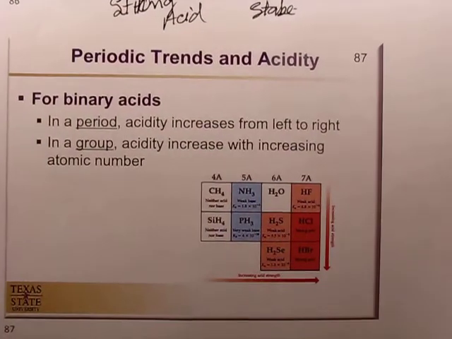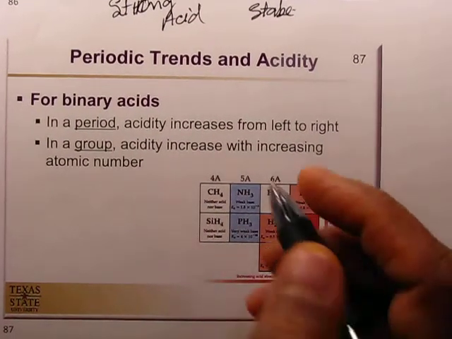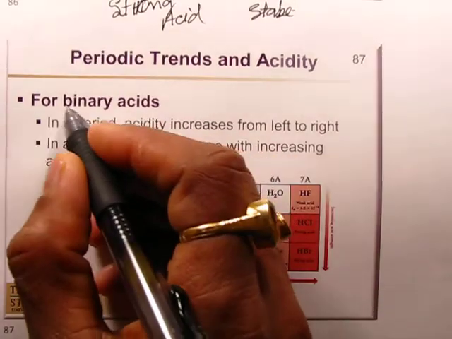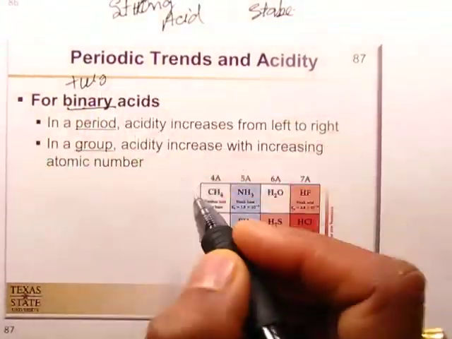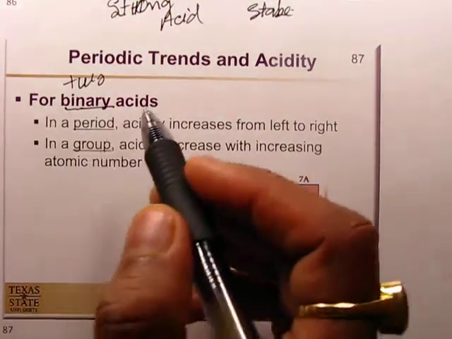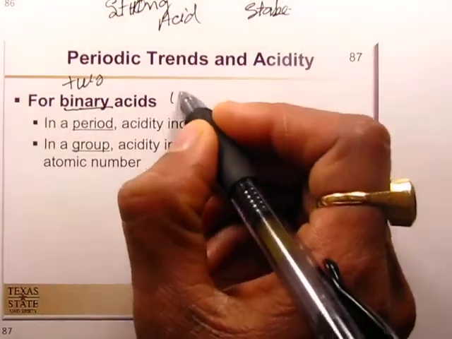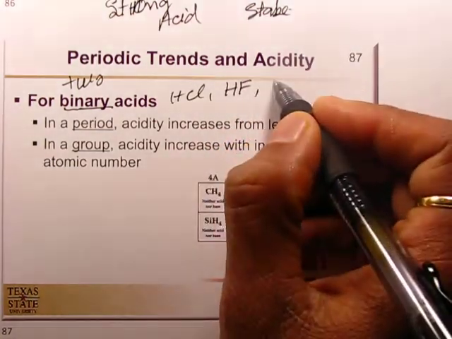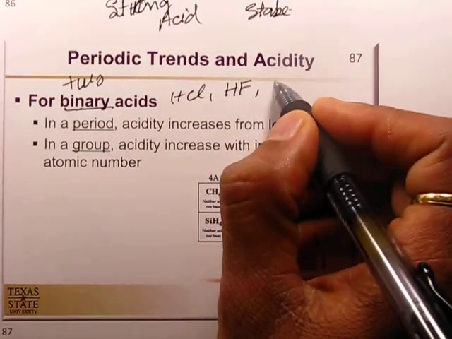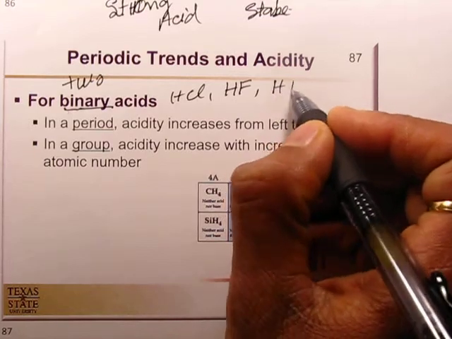Another thing is periodic trend and acidity. For binary acids, binary acid means two elements, for example HCl, HF and HBr.